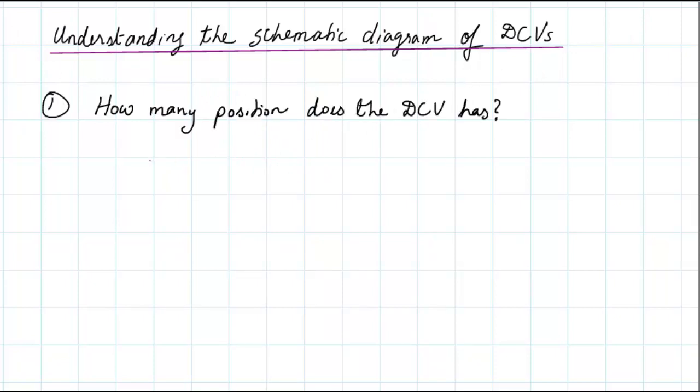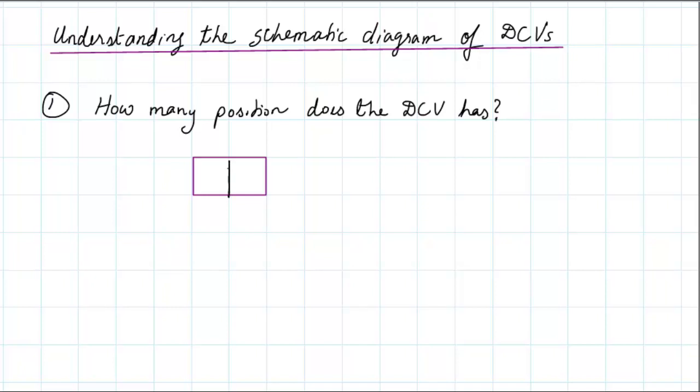The first question that we always try to answer is, how many positions does the DCV have? It means that a DCV may have a position like this, where suppose I am just drawing one arrow.